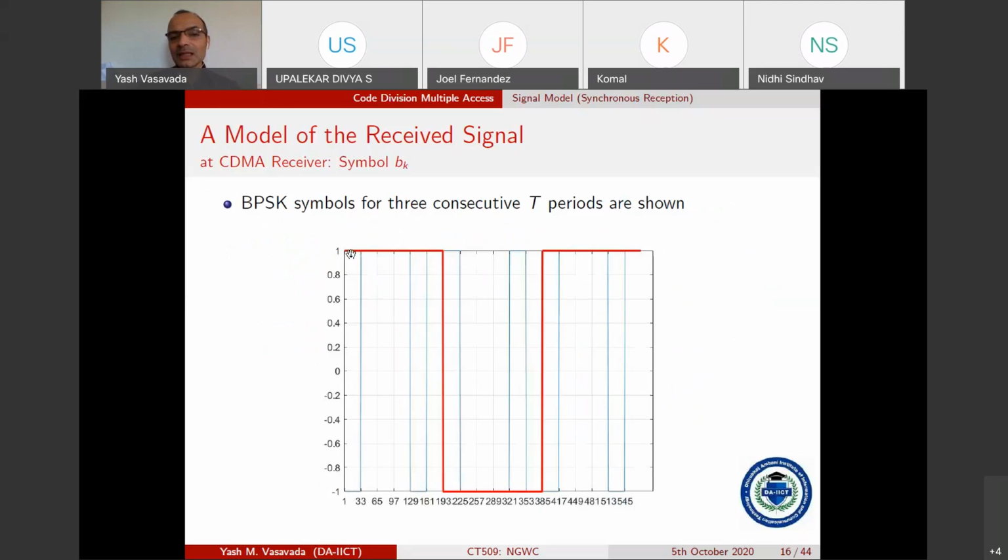That will mean that each symbol we are sampling 6 times. But the signature sequence will be then just a vector of 6 cross 1. And that vector will be -1, 1, 1, 1, -1, and 1.